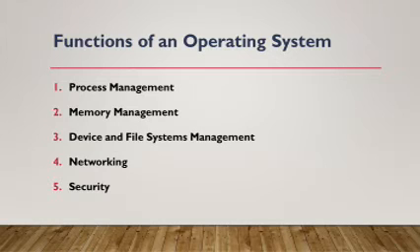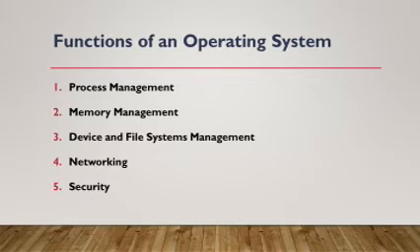The second one was memory management: how to allocate memory to different segments, how to divide the main memory and the secondary memory, which means the hard disk or external pen drives, and also the virtual addresses as well as the free space of the computer. So that's memory management.